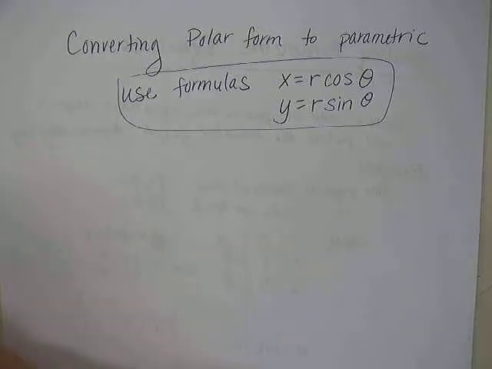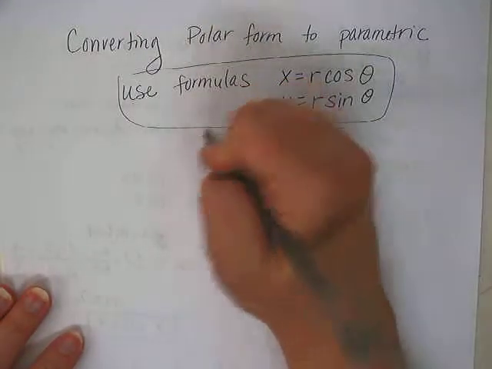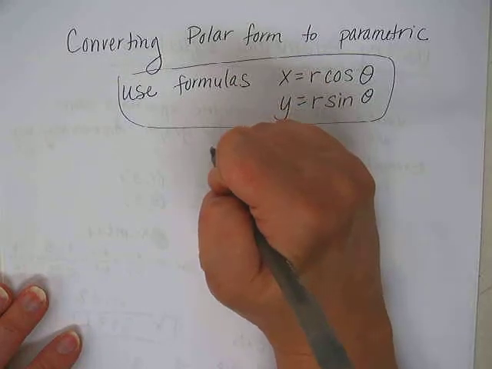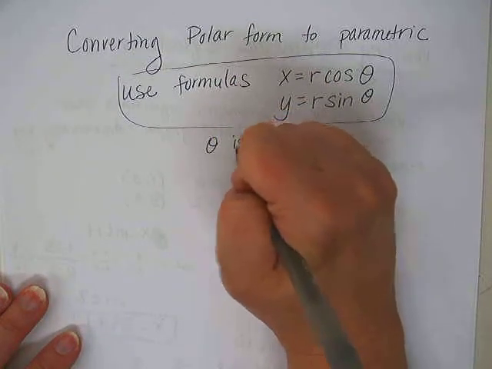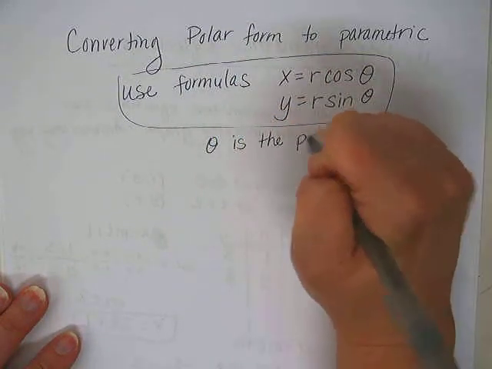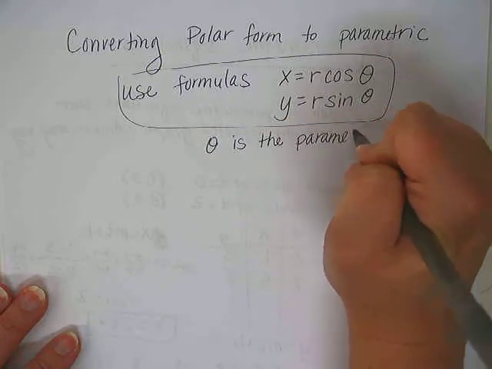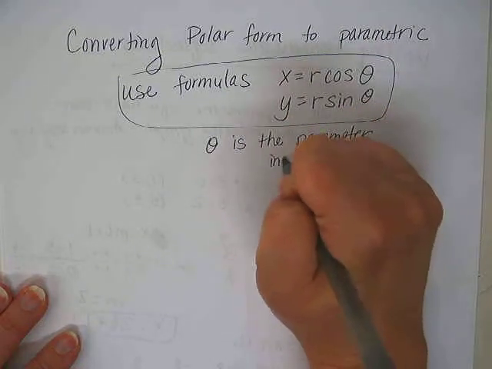Those are the formulas we will use to create our parametric equations. Now notice how there's no t involved at all? That's because when you use polar equations for parametric, that theta becomes the parameter instead of t.